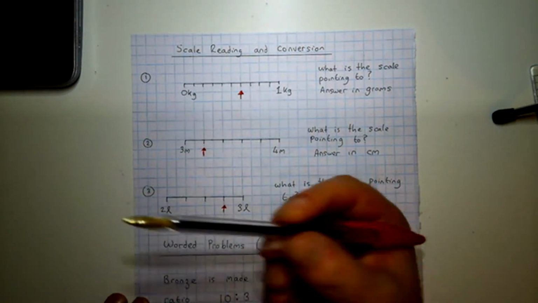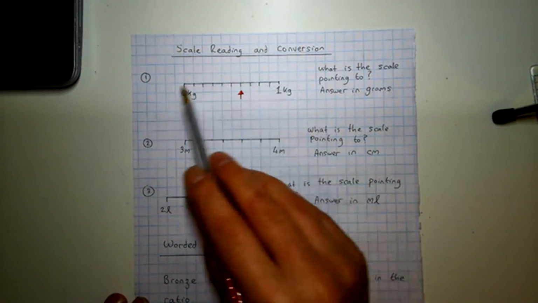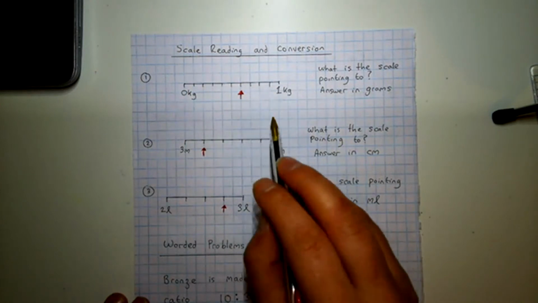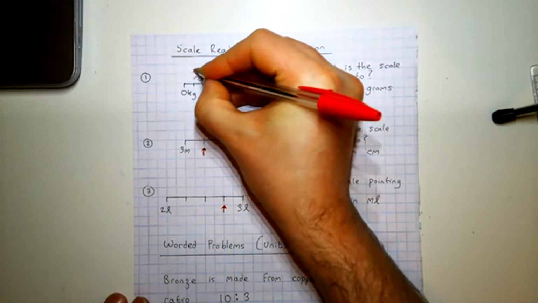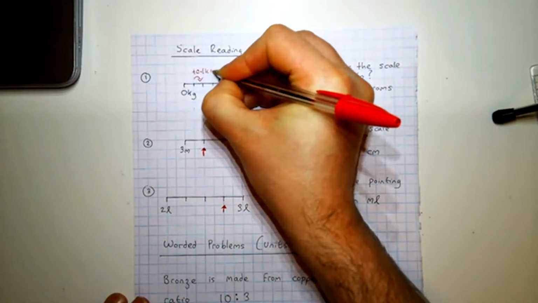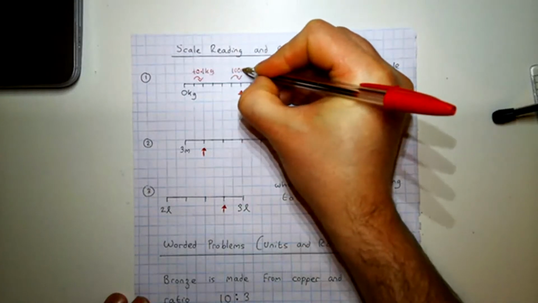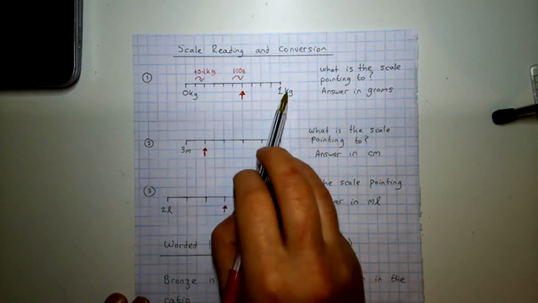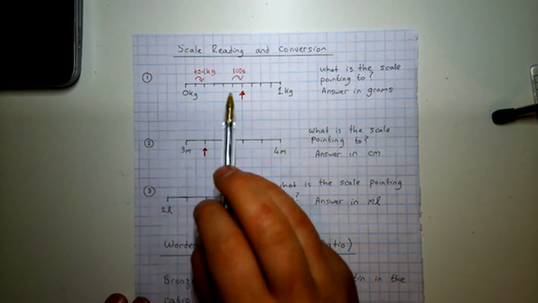So if you're going to divide 1 kilogram by 10, each equal division is going to be, you can think of it as either 0.1 kilograms or you can think of it as each one you're going up is 100 grams. Whichever way you think about it, you figured out what the scale goes up in. And that was doing 1 kilogram divided by the 10 equal divisions.